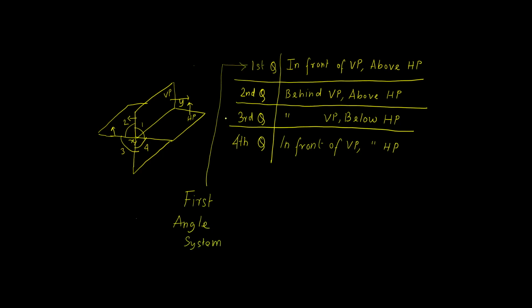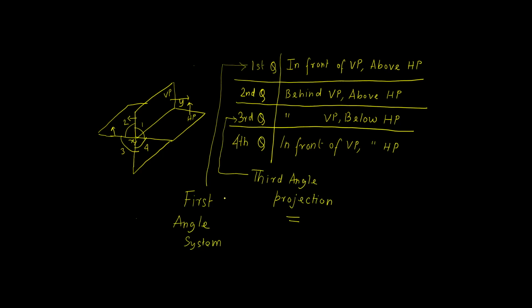And if you are starting with the assumption that the object is located in the third quadrant, then the system of projection which you are following is called the third angle system of projection. This is how we can define the two systems of projection.